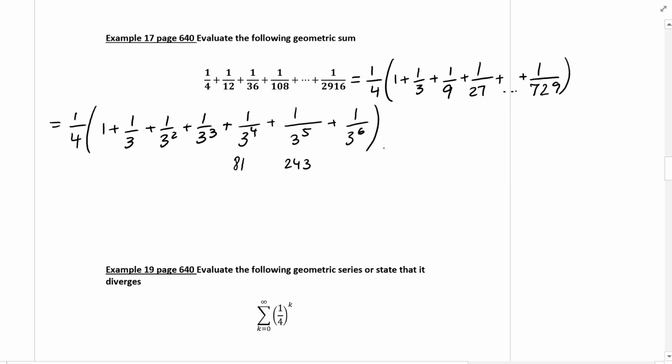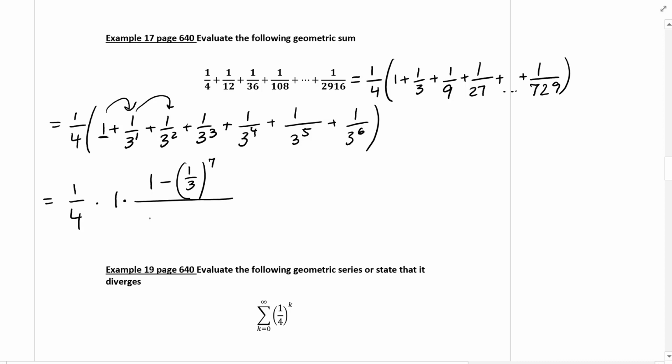So in order to find this, we copy the 1/4 and then the first term times 1 minus the common ratio. Now it's pretty clear that it's 1 over 3 to the n, the number of terms. So we have 1, 2, 3 up to 6 is 6 terms, plus this term here, 7 terms, over 1 minus 1 over 3. So let's just do the math.